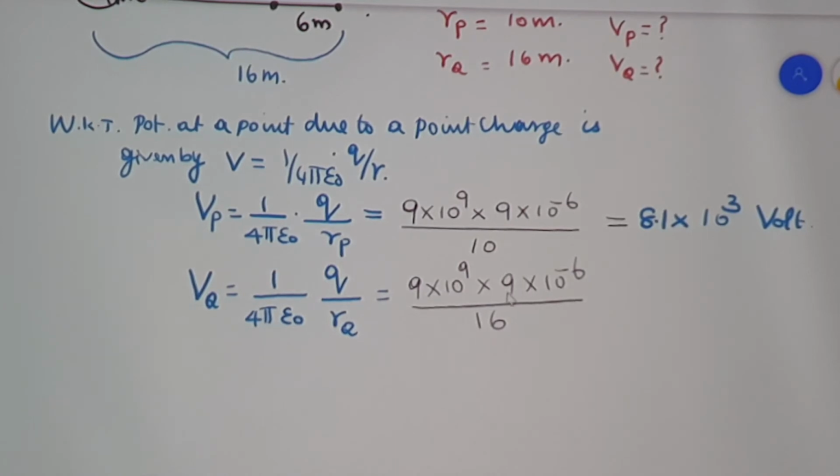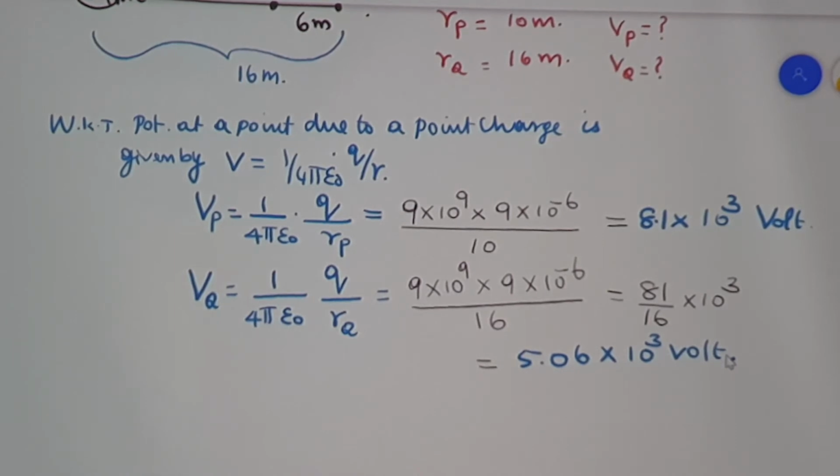On simplifying, 9 into 9 is 81 divided by 16 multiplied with 10 to the power of 3, which is nearly 5.06 into 10 to the power of 3 volt. So this is the first one.